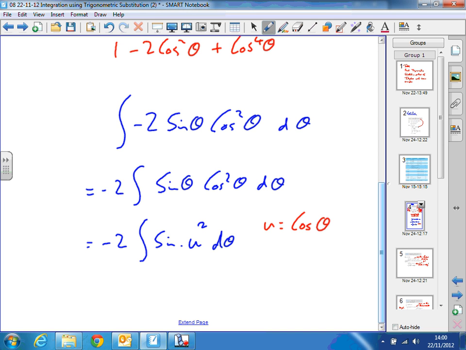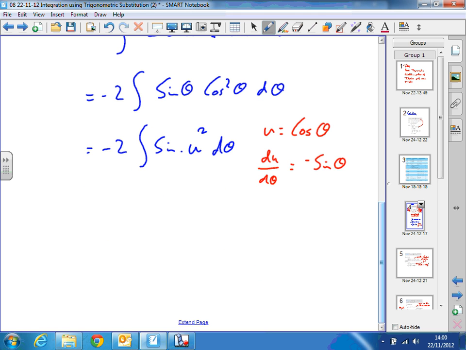And remember what we do now, we have to change this d theta to du, so we differentiate this, du by d theta. The differential of cos is minus sine, and so now we change these around, so therefore d theta equals du over minus sine theta.